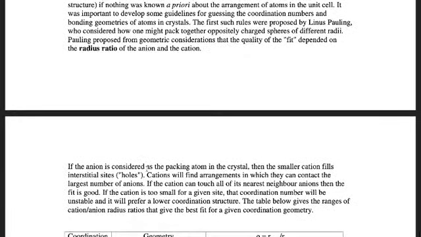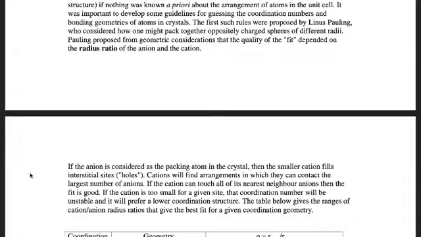If the anion is considered as the packing atom in the crystal, then the smaller cation fills the interstitial sites or holes. Cations will find arrangements in which they can be in contact with the largest number of anions. If the cation can touch all of its nearest neighbor anions, then its fit is good. If the cation is too small for a given site, that coordination number will be unstable and it will prefer a lower coordination structure.